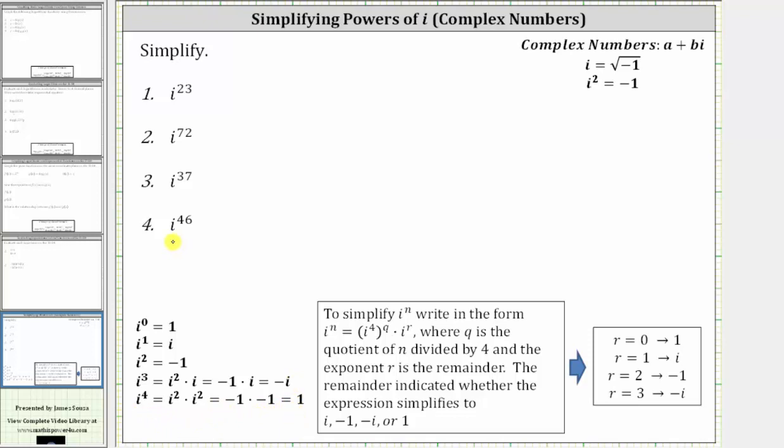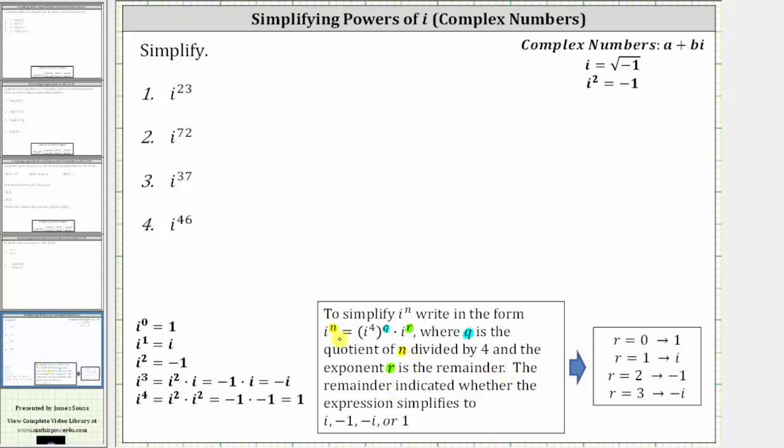So knowing that i to the fourth is equal to positive 1 will better help us understand how to simplify higher powers of i. To simplify i raised to the power of n, we will write i raised to the power of n in the form of i to the fourth raised to the power of q times i raised to the power of r, where q, the exponent on i to the fourth, is the quotient of n, where n is the original exponent, divided by 4, and the exponent r, the exponent on the leftover factors of i, is the remainder.